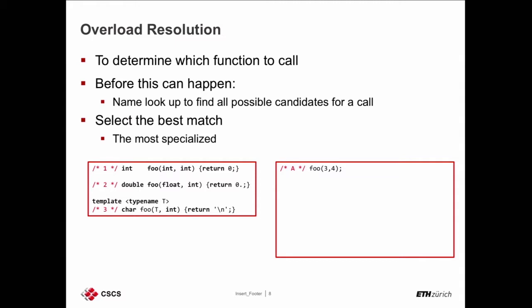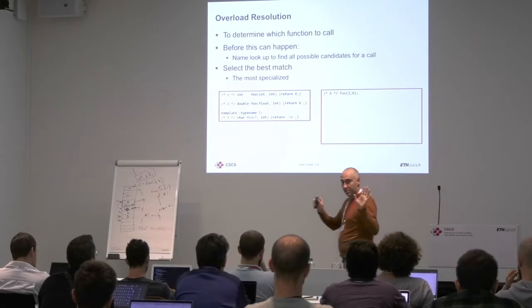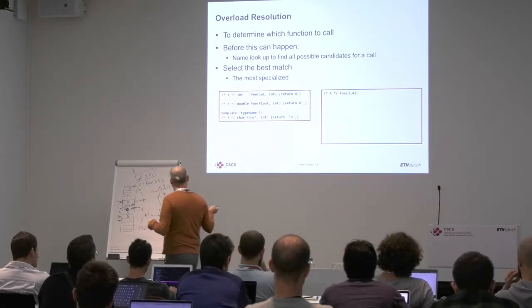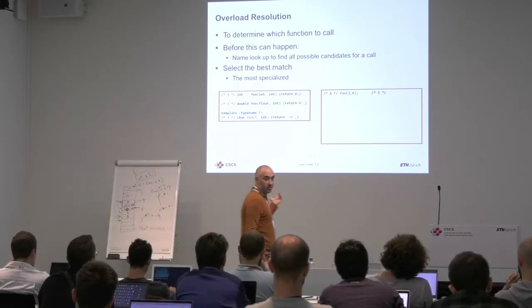Return values do not interfere with overload resolution. It's only the arguments. So the fact that I'm not assigning anything here is perfectly valid. The rules still apply. Since the 3 and 4 are ints by definition, I call the first version.